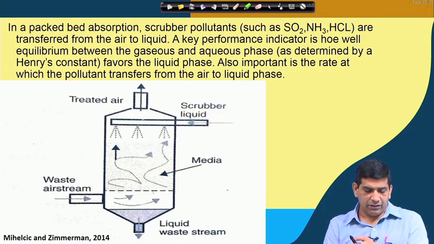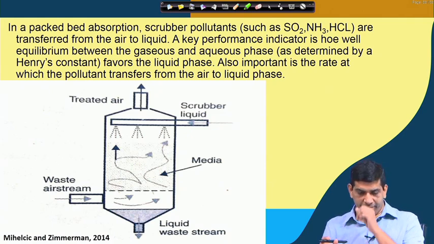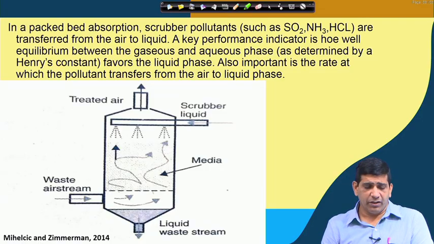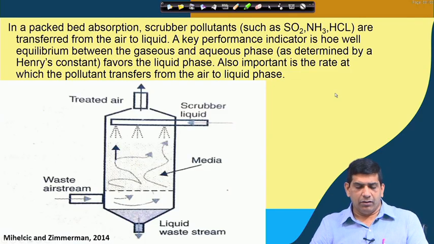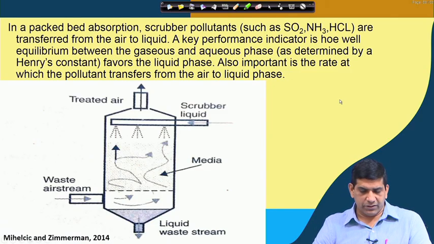So, you have the waste air stream getting in, then treated air coming out. The scrubber liquid comes in, passes through the media, and the liquid waste comes out at the bottom. That is what happens in packed bed absorption.